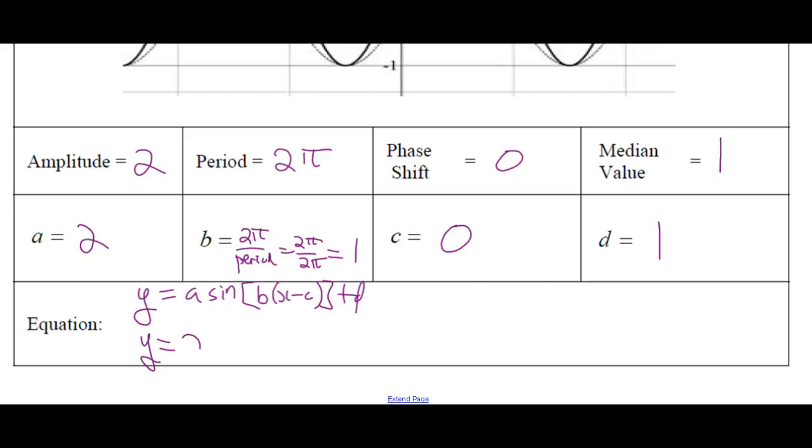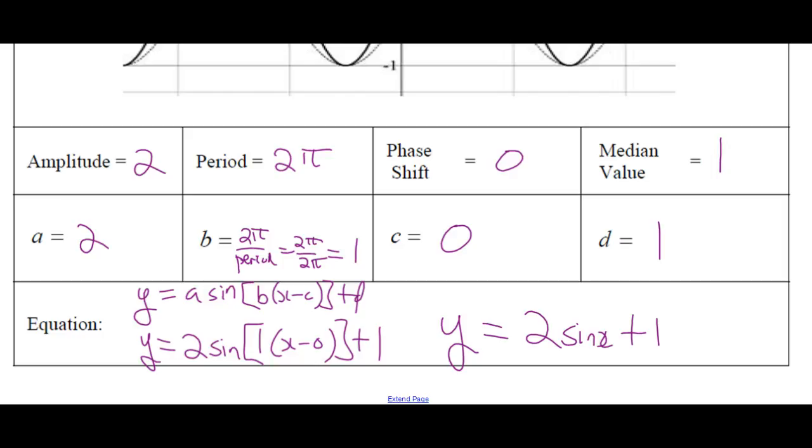So that's y equals 2 sine[1x minus 0] plus 1, which we're just really going to write as y is equal to 2 sine x plus 1. Okay, so this way we've written it in that form with the whole a, b, c, d thing. And then we're just going to simplify that form.